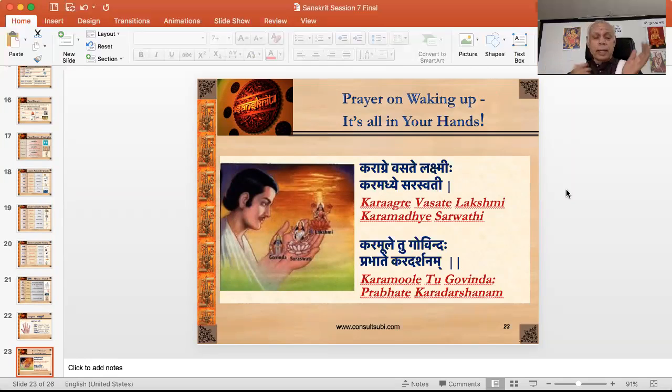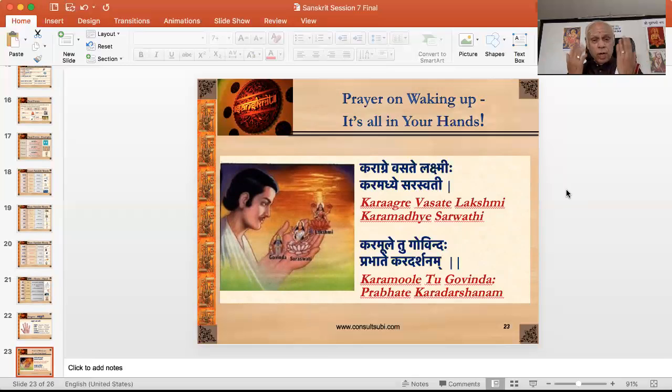Kara Mule refers to the end. In Tamil also you say Mule. Mule means a corner, right? Kara Mule is at the end of this palm. Tu Govindaha, Lord Govinda, is invoked in this. Prabhate Karadarshanam.